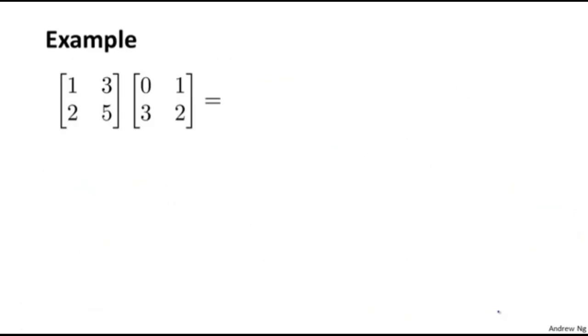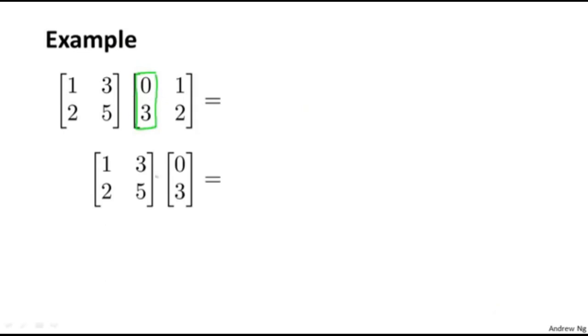Let's say I want to multiply together these two matrices. What I'm going to do is first pull out the first column of my second matrix. That was my matrix B on the previous slide, and I therefore have this matrix times that vector. Let's do this calculation quickly.